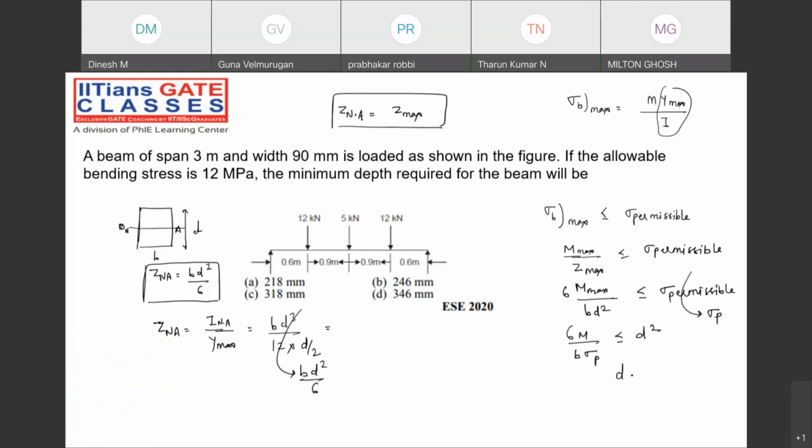So the minimum depth required is the square root of 6 times the maximum bending moment divided by B into sigma P. That is your answer. Is everyone understanding my point? Tell me, guys. Yes? Yes, sir. You can write in the chat section.